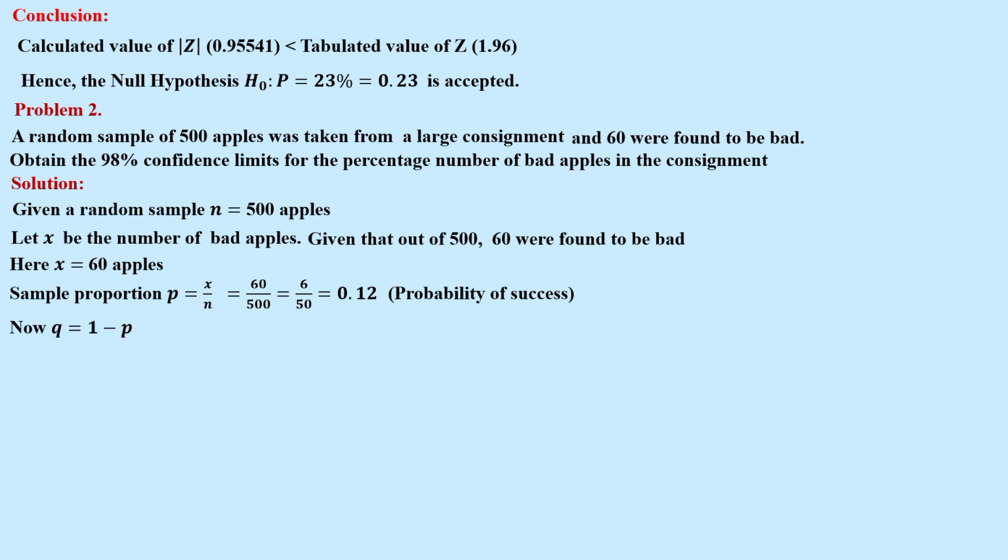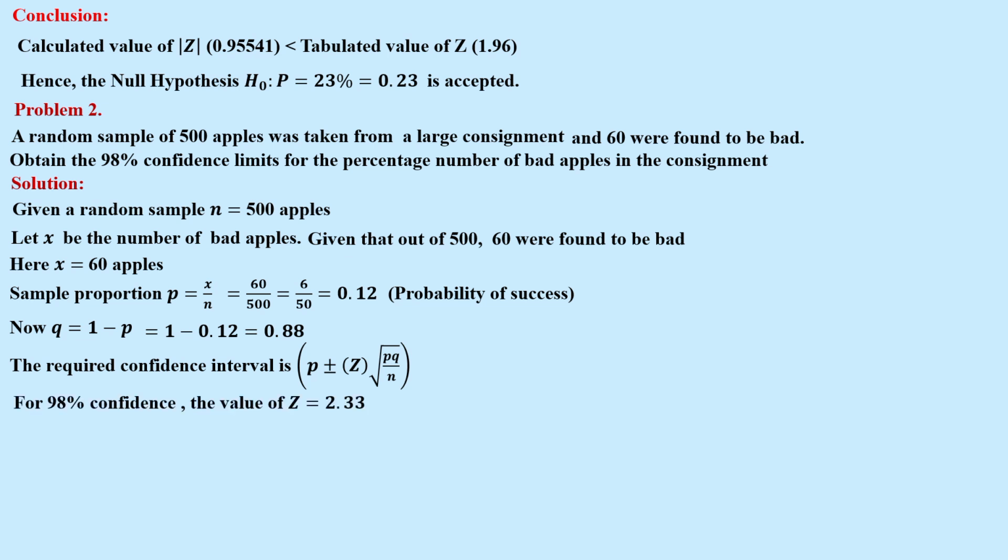Failure, q is equal to 1 minus p, 1 minus 0.12, that is 0.88. The required confidence interval formula is small p plus or minus z root of pq by n. Here z is for 98%, the z alpha value. We take that value from the table: z is equal to 2.33.